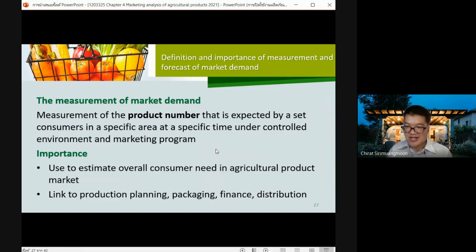You might send the message to the farmer, okay, please increase the organic production because the price is good. Or you need to change the packaging or have some more budget. And also you need to think about the distribution. If organic product from Chiang Rai is very popular, then you can spread to other provinces close to Chiang Rai, like this.